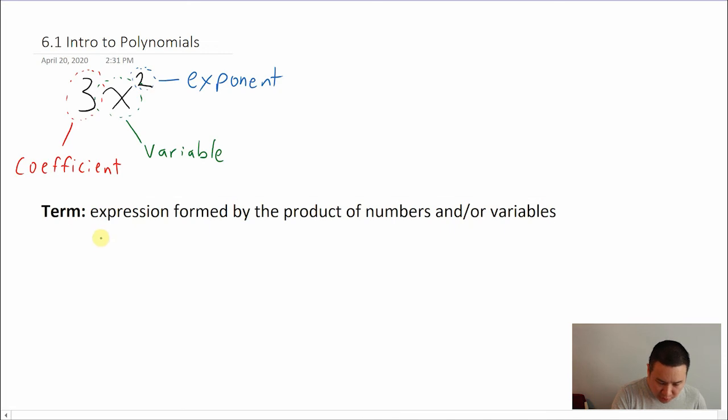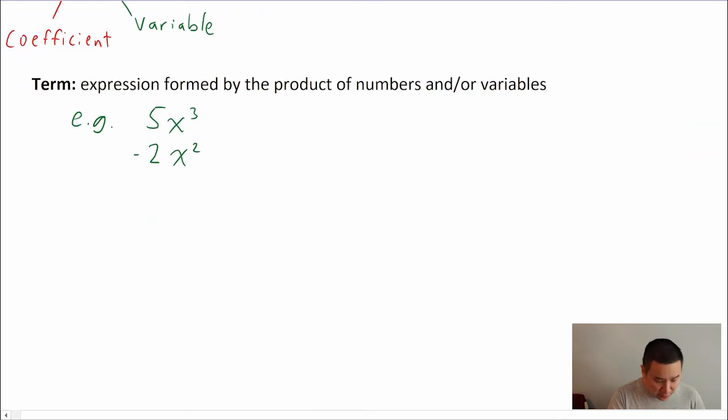Let's take a look at some other examples of terms. 5x cubed is a term. It's made up of 5 times x again times another x. So that's x cubed, so 5x cubed, that's a term. We could have negative 2x squared. That's a single term. Okay, all these pieces are joined together by multiplication, and they form a term.